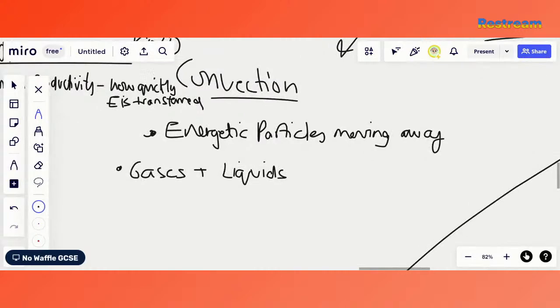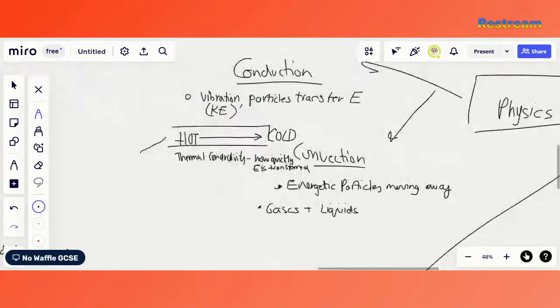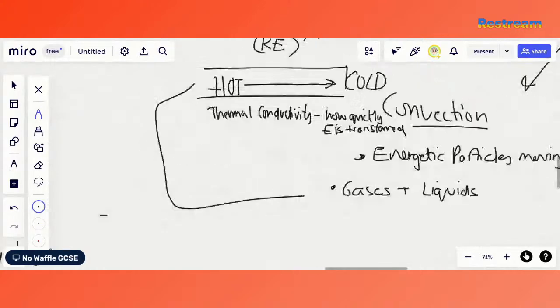So both of these have a similar idea: the thermal energy is transferred into kinetic energy, which either causes the particles to vibrate and energy to be transferred, like through conduction, or causes the particles to move away through convection.